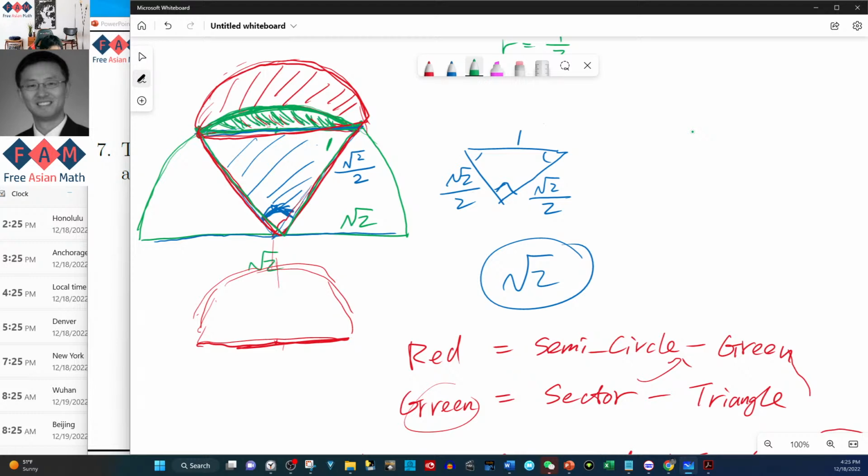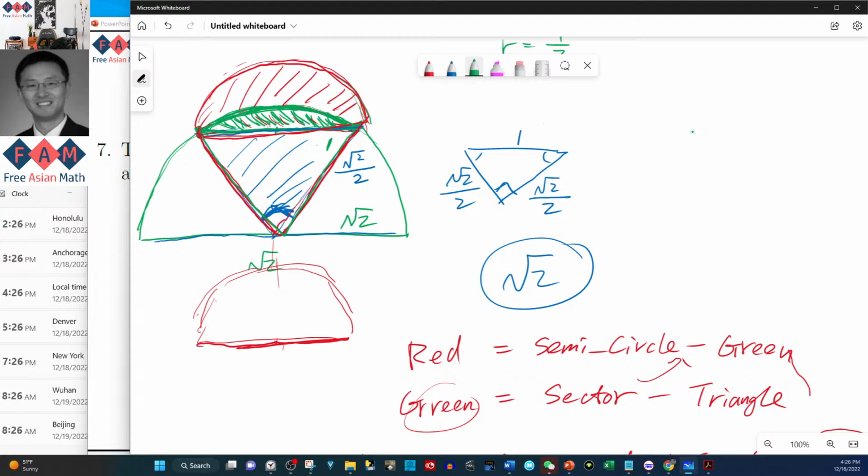But by analysis, we will see how step by step we still can derive this relationship. We just focus on what we have. If you first focus on the outer arc, that's the semicircle, and the semicircle subtracting this green one is the most obvious observation. That gives us a target.